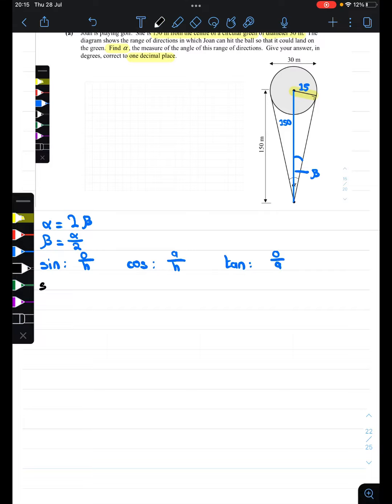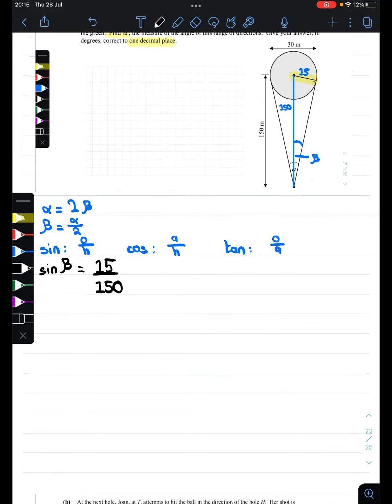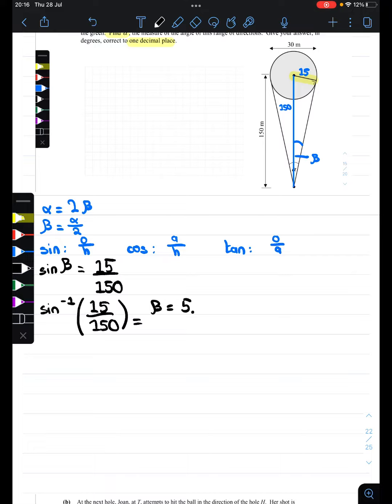So sine of beta is the opposite over the hypotenuse, 15 over 150. Now we can use our inverse sine to get beta. So sine inverse of 15 over 150 would give us beta equals 5.74 degrees.